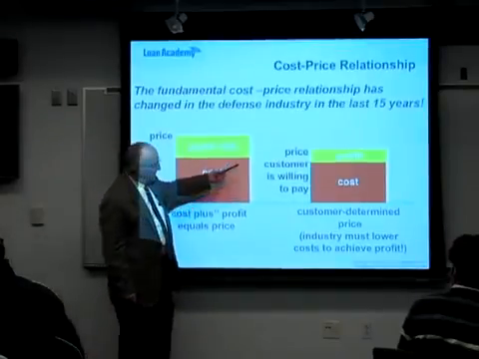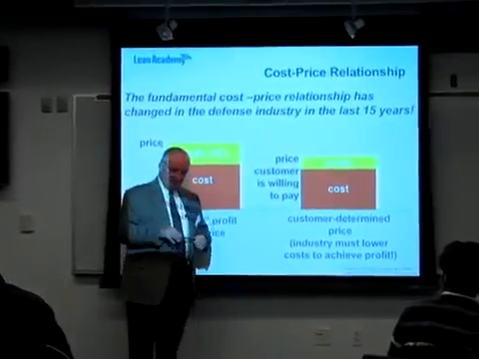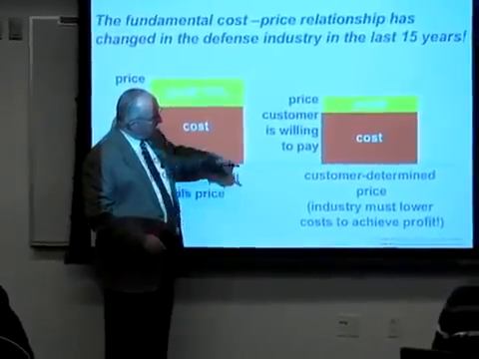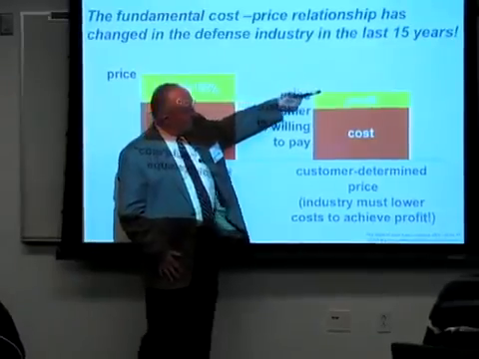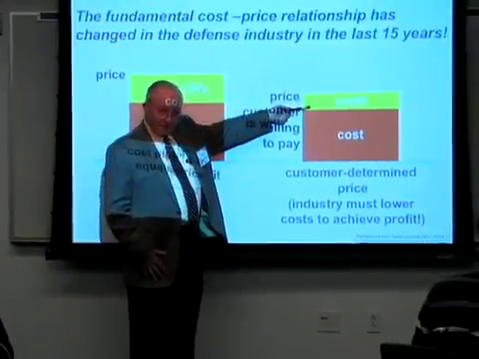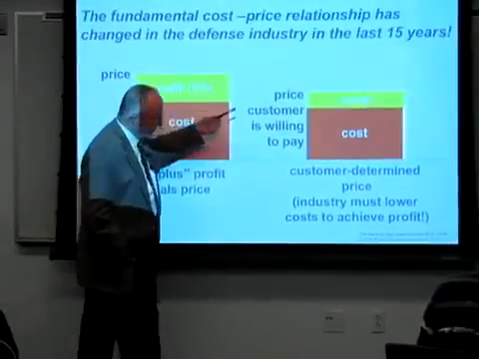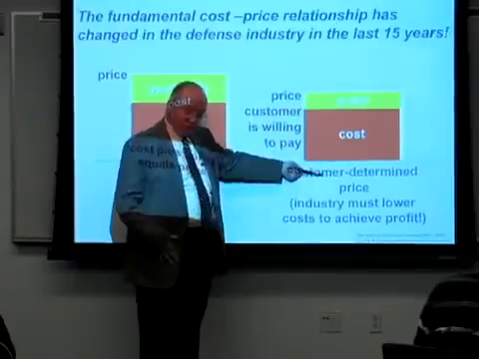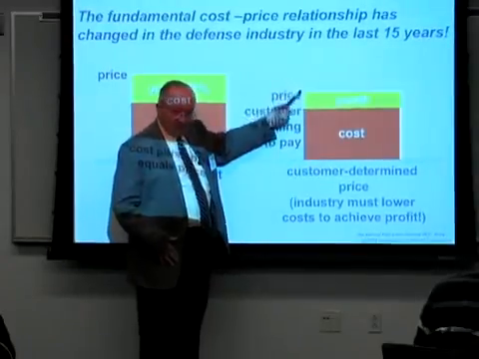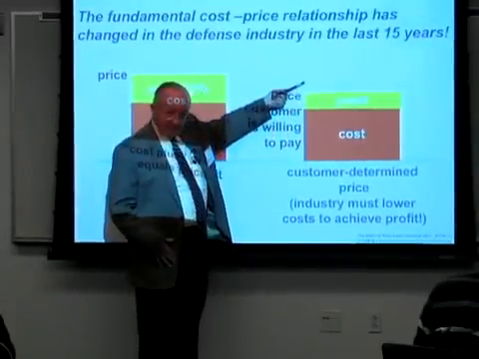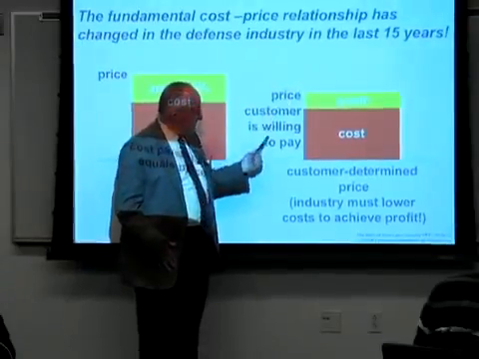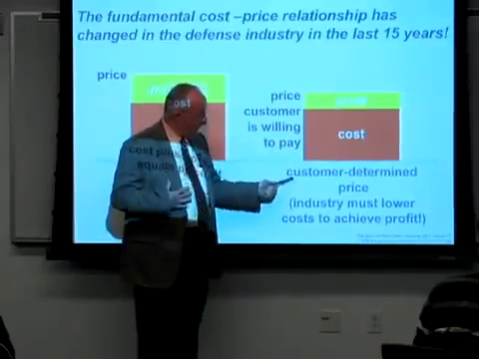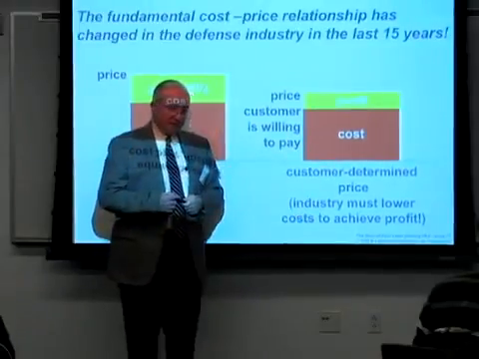Over the last 10 or 15 years, the customer has gotten a lot smarter and has said, look, this is what we're willing to pay, and this is what we think is reasonable profit, same as this, 10 or 15%. And if we're going to buy it from you, you better get your cost down. Otherwise, A, you don't get the business, or B, you don't make any money.